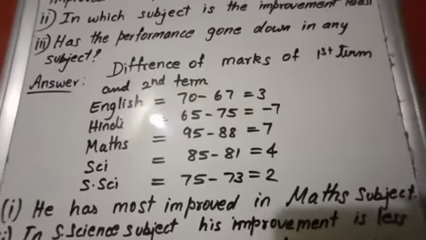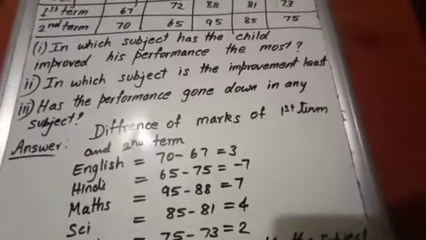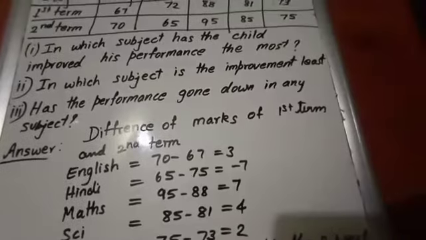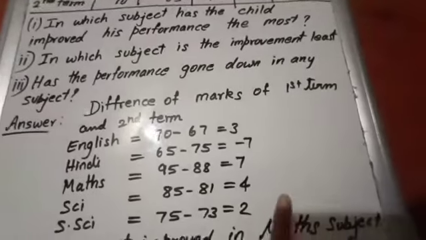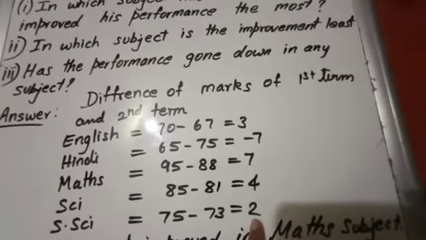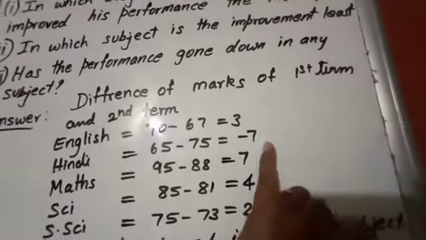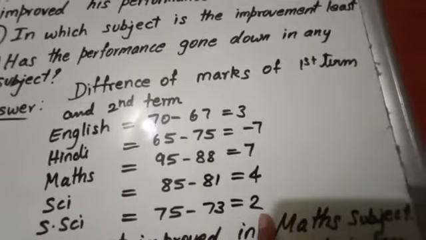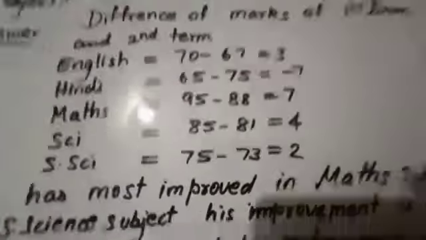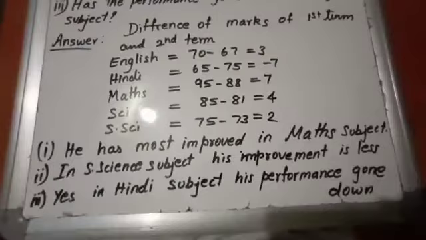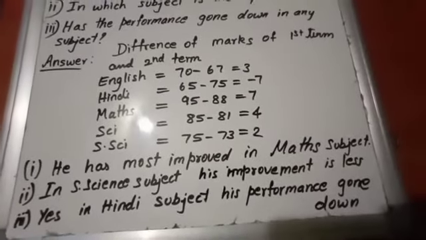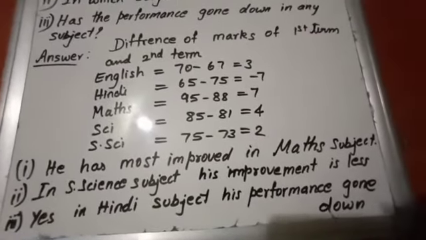Now second question: in which subject is the improvement least? Hindi has come down totally, but the very least improvement is in social science. So you can write the answer that in social science his improvement is least.